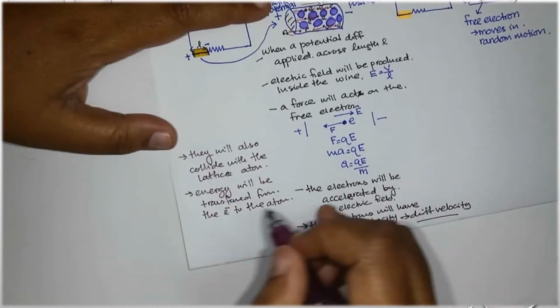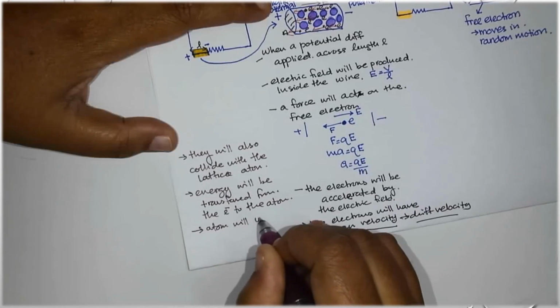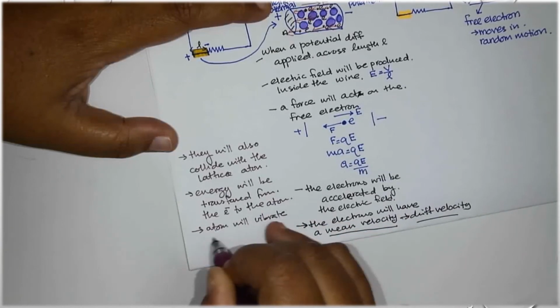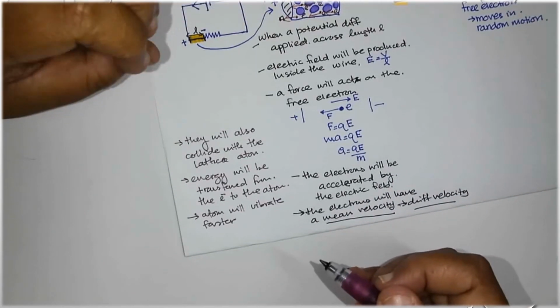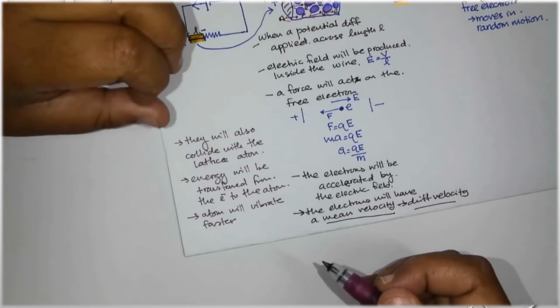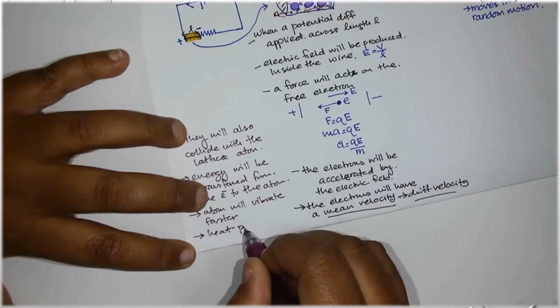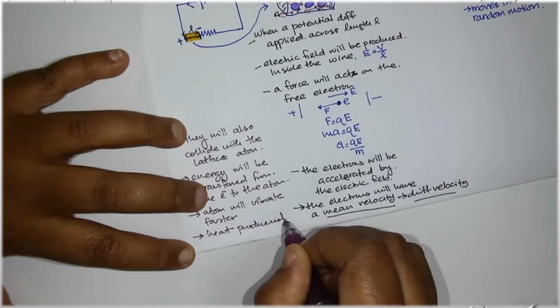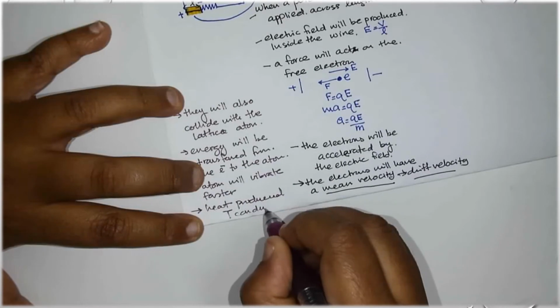Then what happens, class? The atom will vibrate faster. And when the atom or the ions vibrate faster, heat is produced, and the temperature of the conductor will increase.